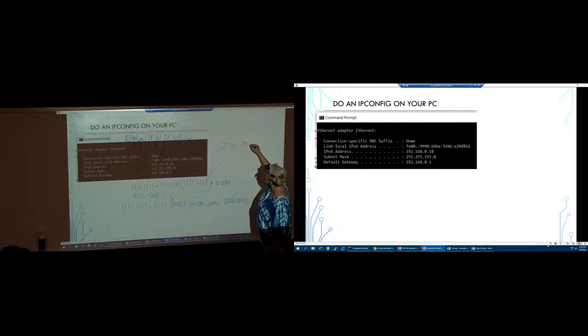So let's do 255.255.192.0. What octet am I in? Third. And what is the positional value? 64, right? Because how do I write 192? So like this, right?